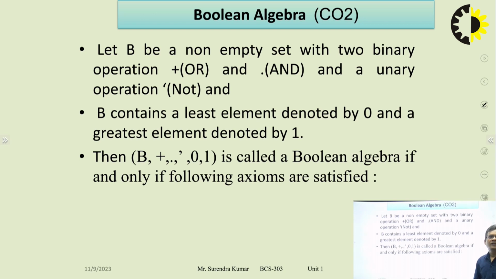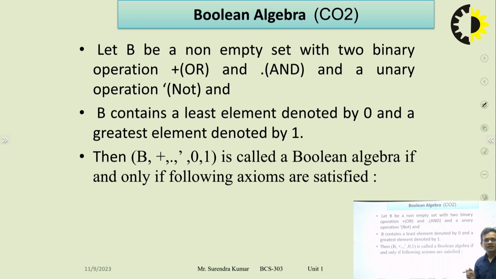In Boolean algebra, let B be a non-empty set with two binary operations, and and or, and a unary operation, not. The binary operations work on two variables using and, or, and a single unary operation is used with the not operation.